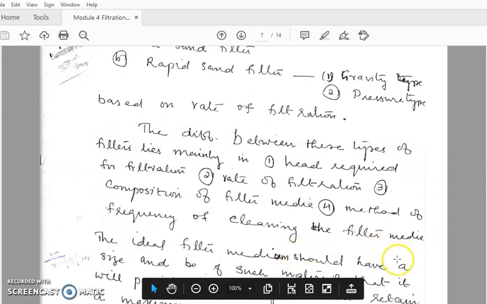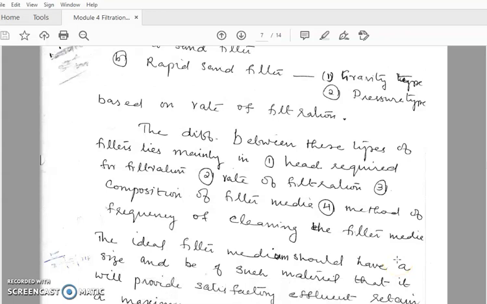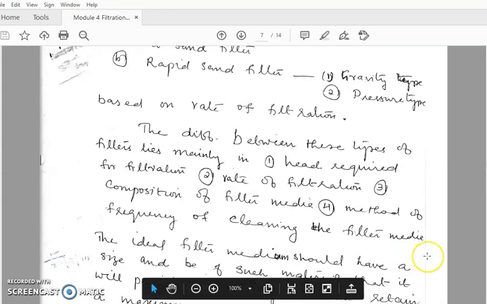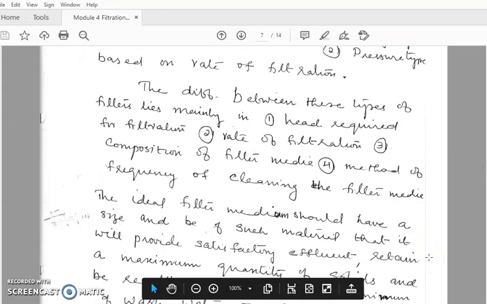Okay. Now what do you mean by media? What is the medium we are using here for filtration? We all know that the filter media, the medium through which the water is passing, is nothing but the sand. But this sand should have certain properties.